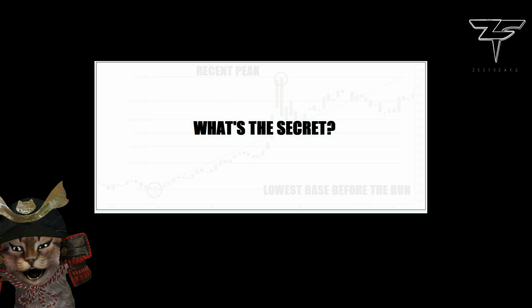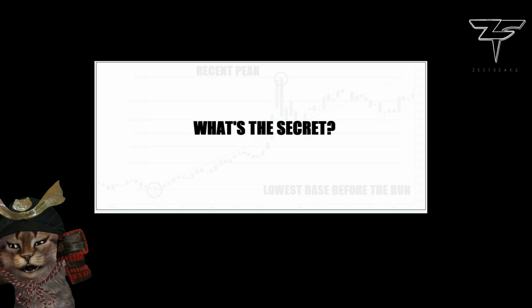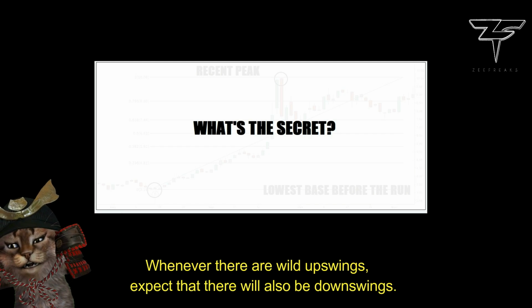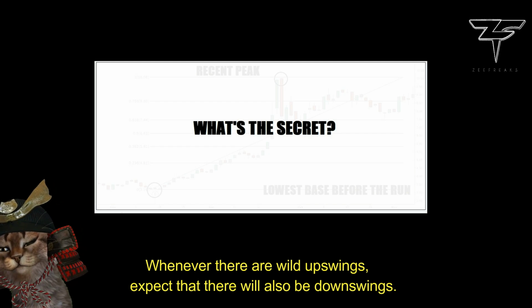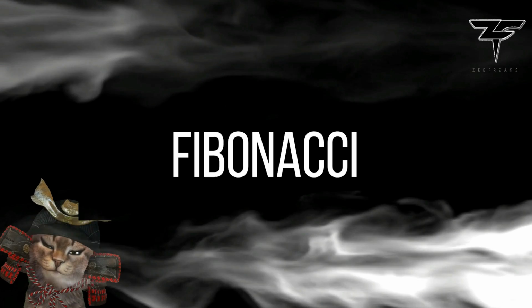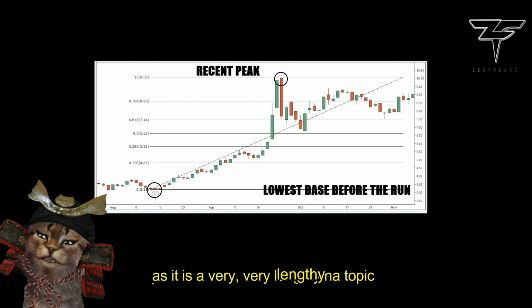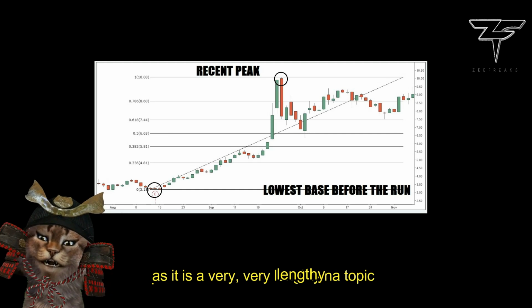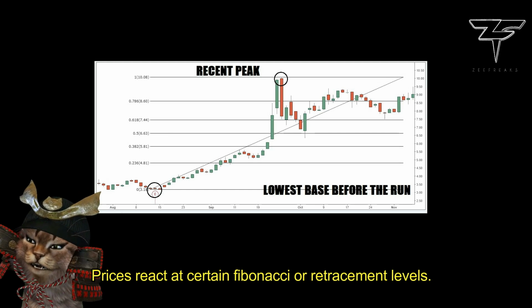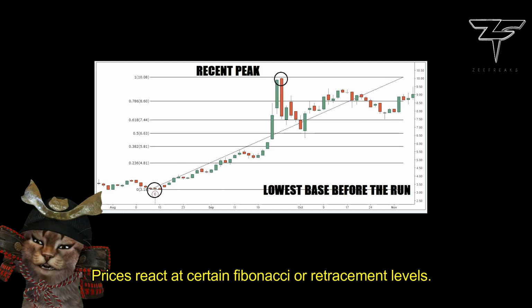Now, whenever there are wild upswings, expect that there will also be downswings. Prices don't go in a straight line. So what's the secret? And the answer to that is Fibonacci. Now, I won't go into the details of the setup as it is a very, very lengthy na topic. But to give you an idea, prices react at certain Fibonacci or retracement levels.